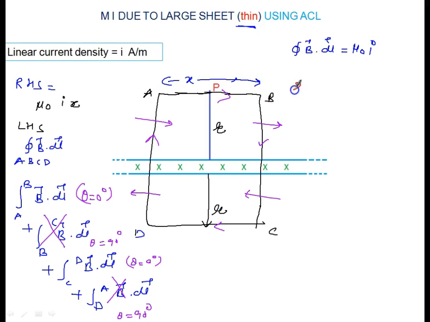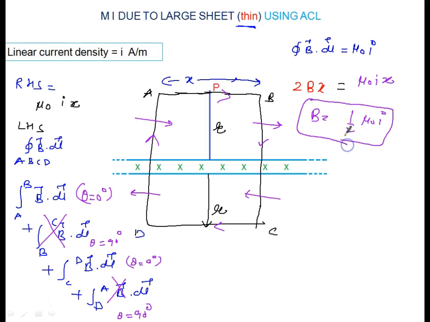So I am writing it again, 2Bx equals mu naught Ix. Okay. So what is the magnetic field? Half mu naught I, and that we have derived with the Biot-Savart law also. Again you will say it is uniform and constant, which is visible to all of you. Because mu naught is constant, and I is the current per unit length, that is also constant. So we can check in this way. Let me show it again on the next slide.